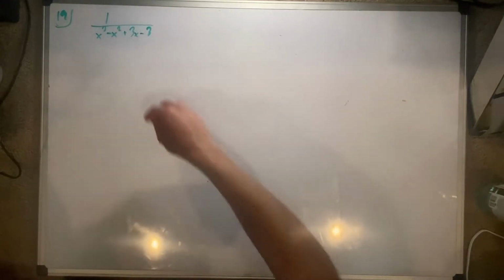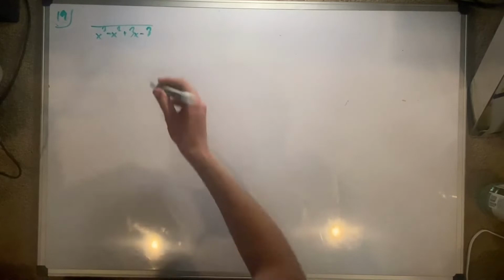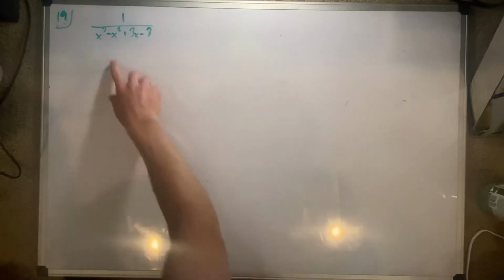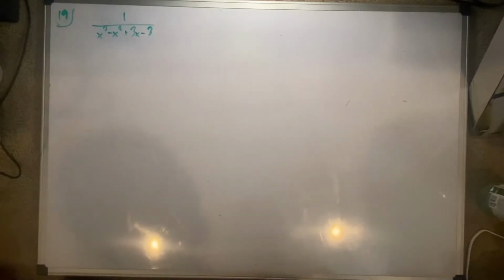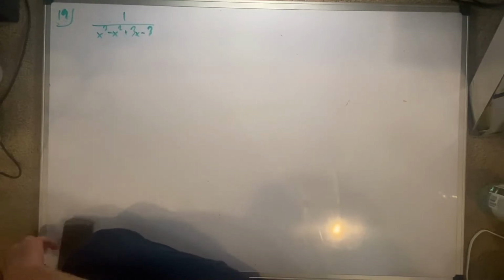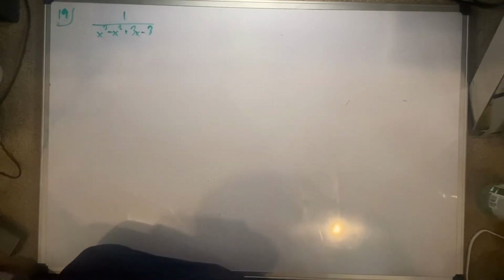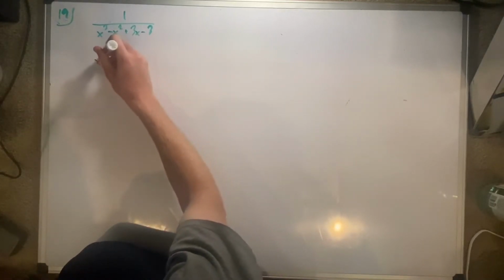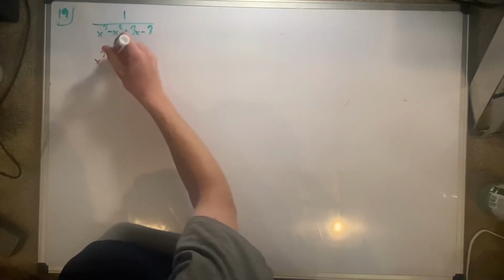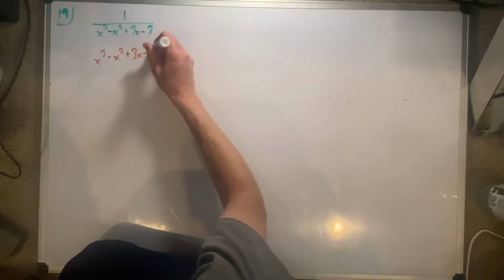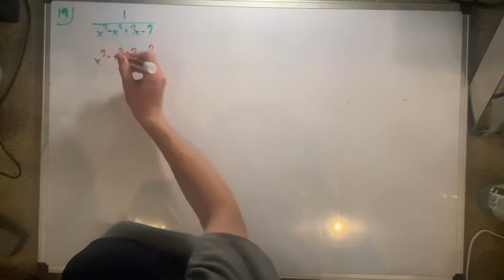All right, now the first step to solving a partial fraction decomposition is finding what our bottom term's roots are. That's the first step. So go ahead and try to do that without me, but I'm going to start now on that. I'm going to use a different color. So we have x cubed minus x squared plus 3x minus 3.